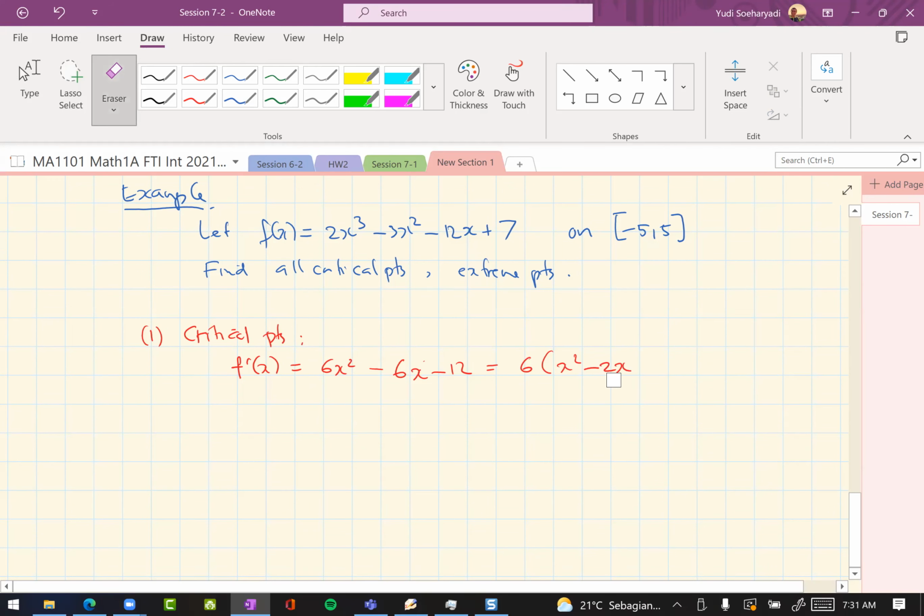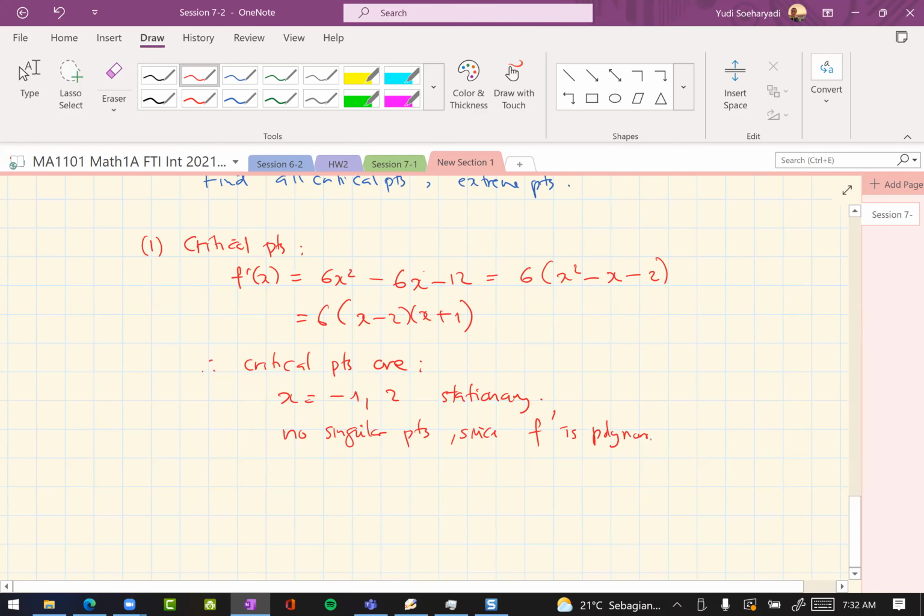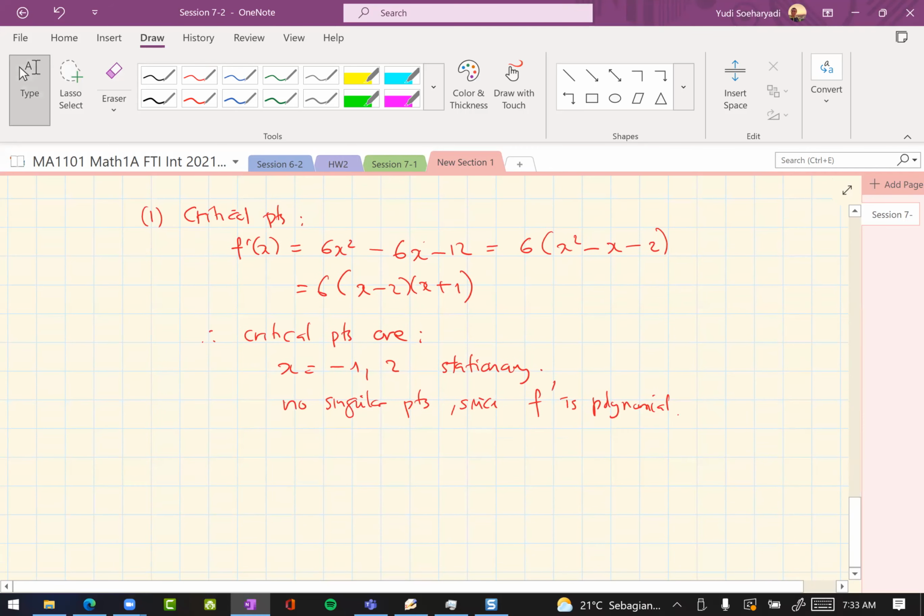And what else? Because f is a polynomial, f prime always exists. There are no singular points. The derivative exists everywhere.